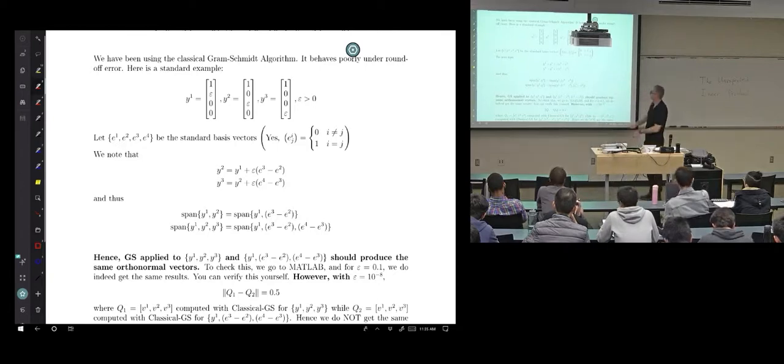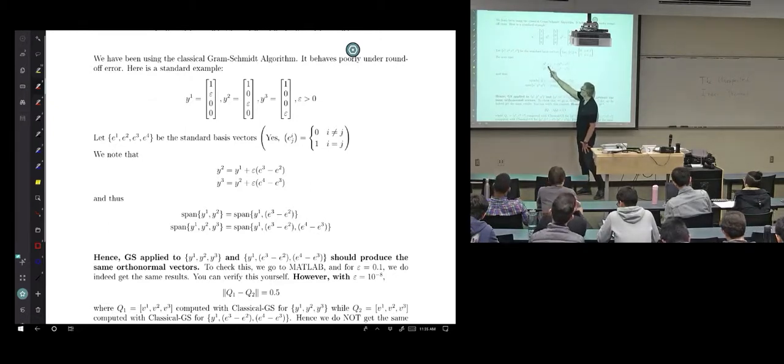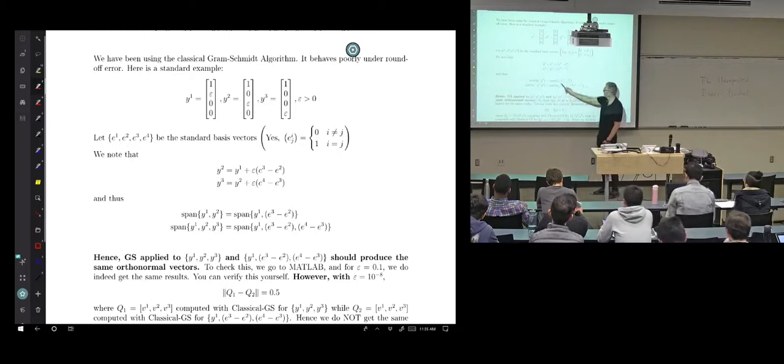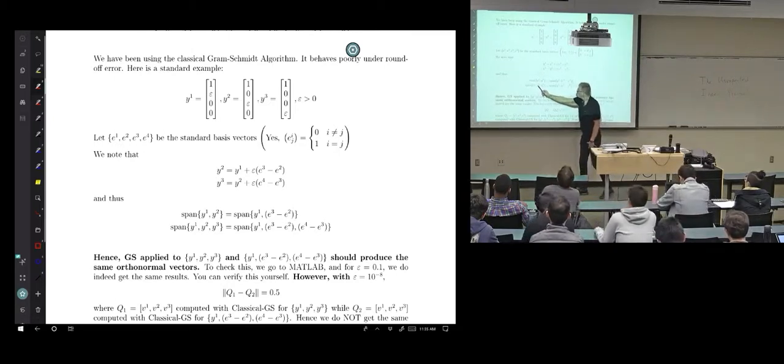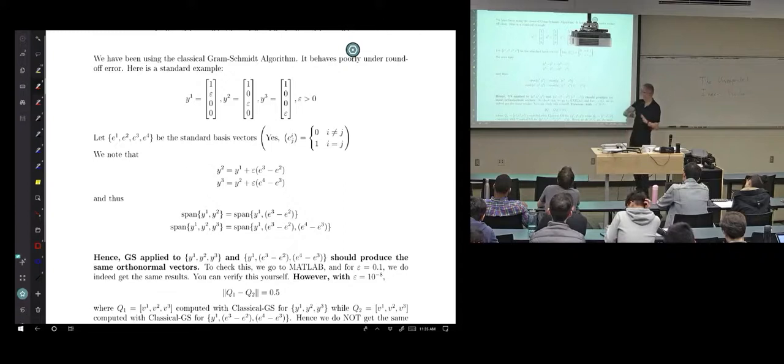You can just go and plug them in and check it. And so the span of y1 and y2 is the same thing as the span of y1 and this new information that was added. As long as epsilon is non-zero, I get this. And the span of y1, y2, y3 is y1 and these nicely linearly independent vectors. Okay, so they generate the same span, is what I'm showing.